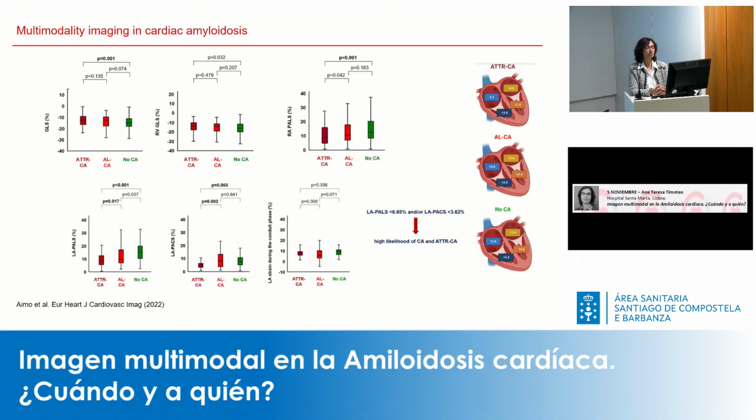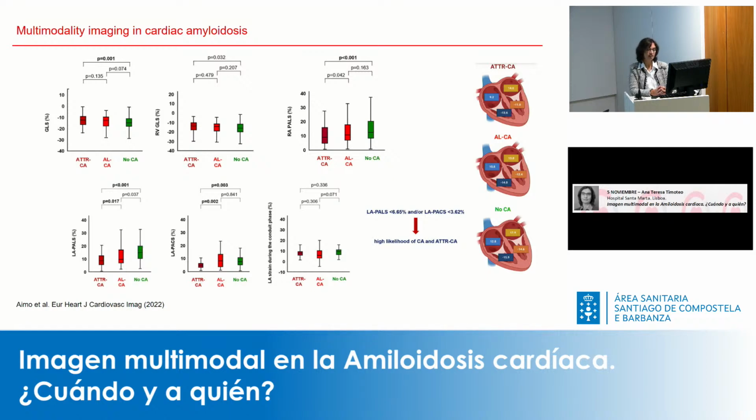Also, this study analyzed all the strain parameters from all chambers, right ventricle, left ventricle, right and left atrium, and it was abnormal in every chamber. However, they were more abnormal at the left atrium, and the left atrium reservoir and contraction strain are compromised, and they were independent predictors both for cardiac amyloidosis and more significantly for the ATTR form.